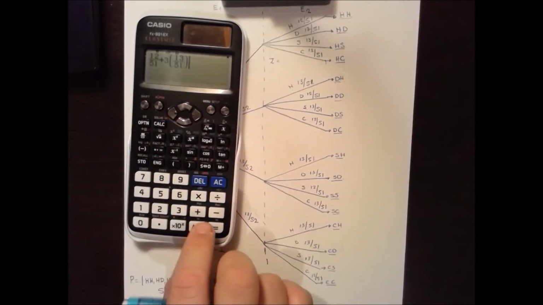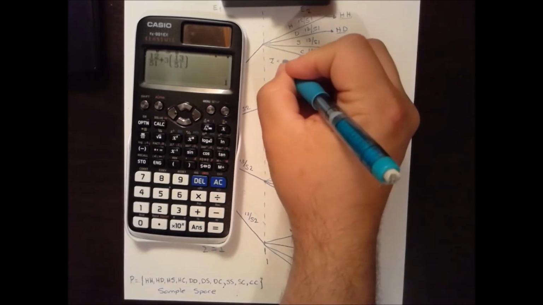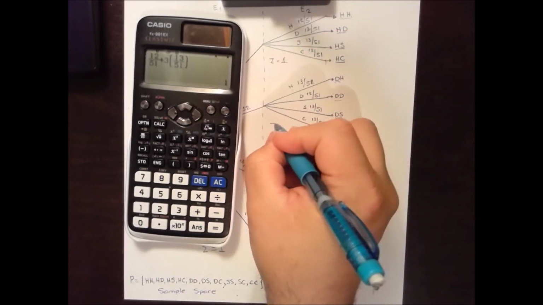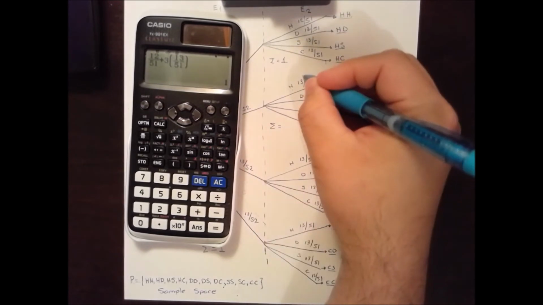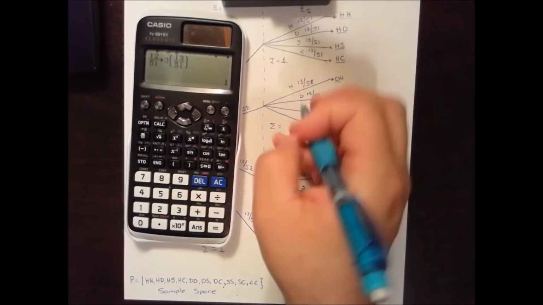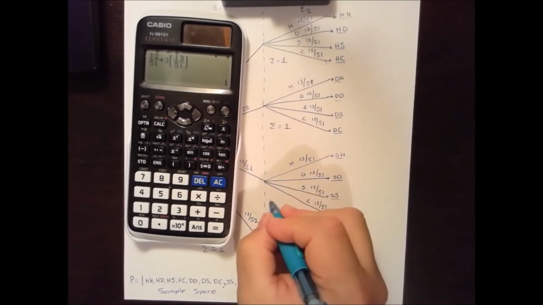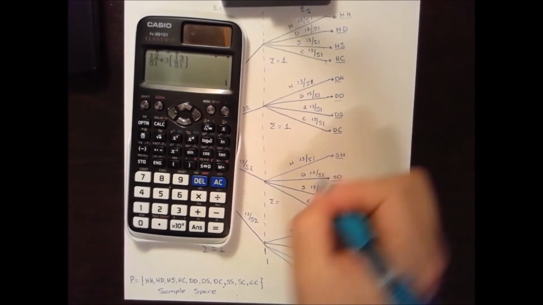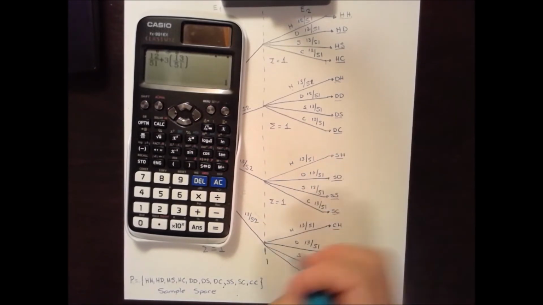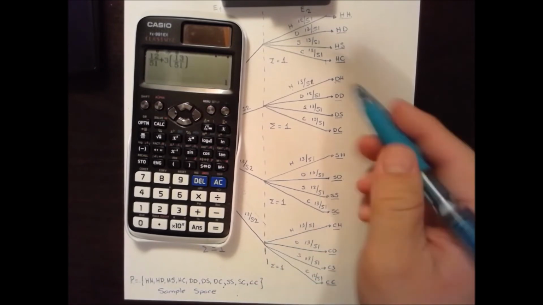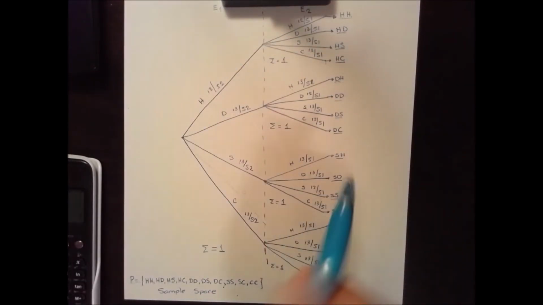Okay, how much is that? It is 1. So if we add these probabilities, I'm going to have 1. Here is the same, 1. Here is the same, 1. So it means that my tree diagram is okay in the second event.